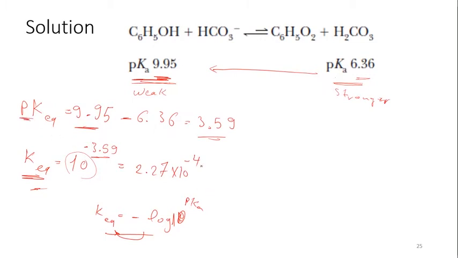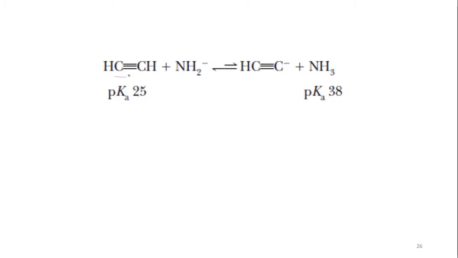In the second example, I provide you here with the pKa of acetylene and the pKa of ammonia. So if you try to get the value of pK equilibrium, first let's look at which is stronger. These have a lower value than this value. So the pKa here, 25, is lower than 38.